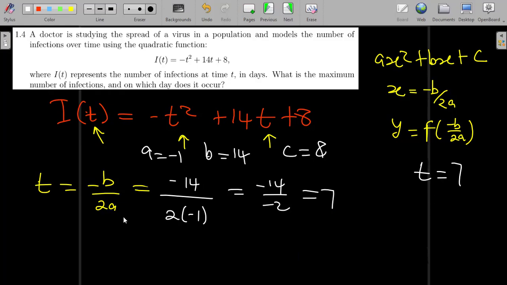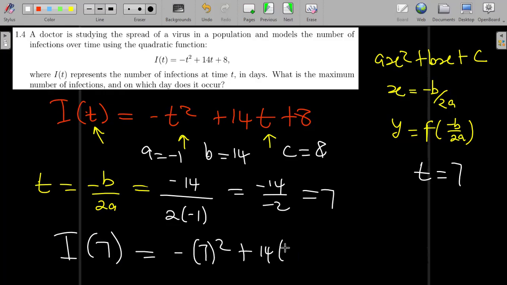And then what is the maximum number of infections? We just find I of 7. So it will be minus 7 squared plus 14 times 7 plus 8.